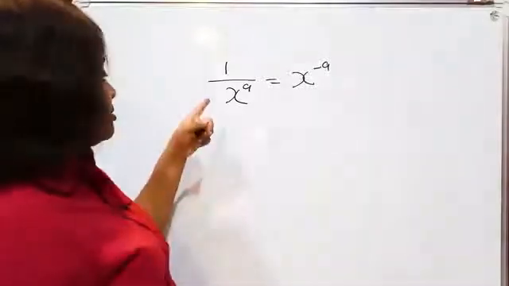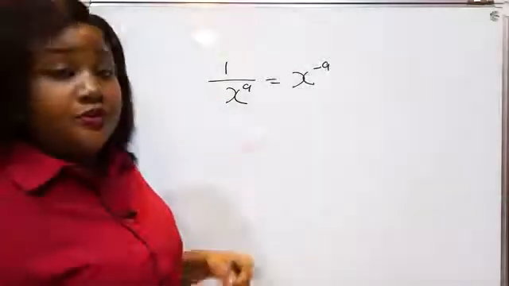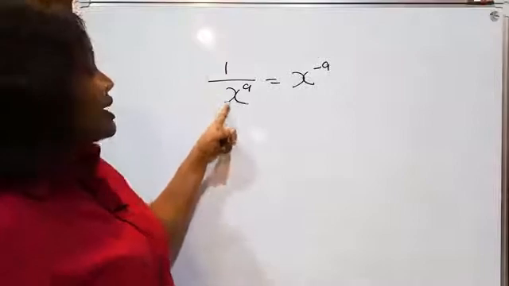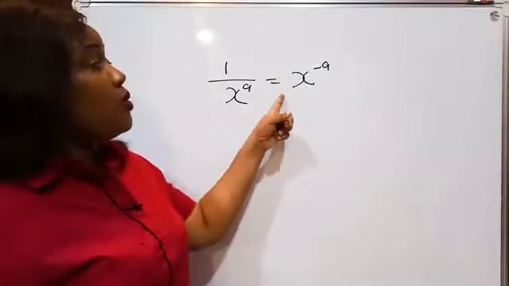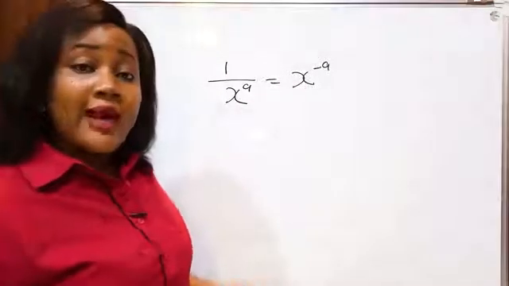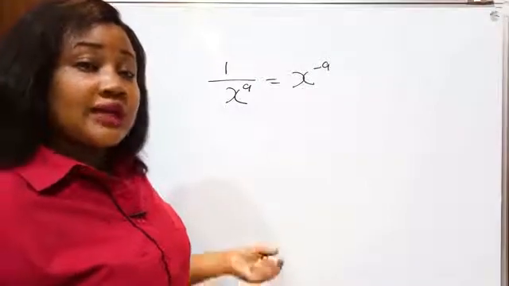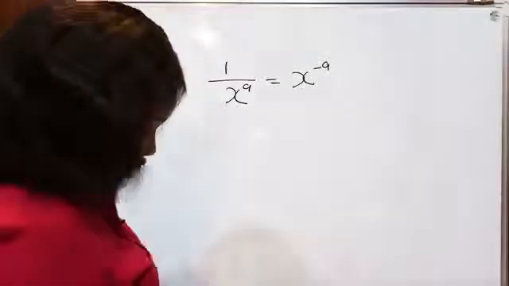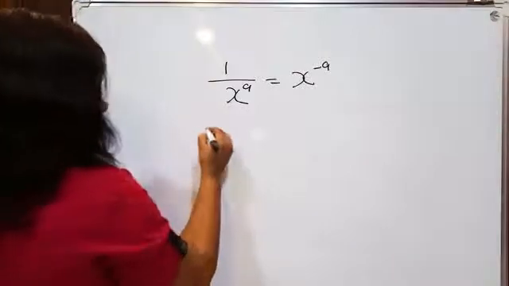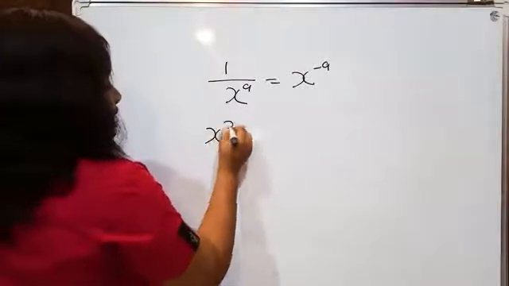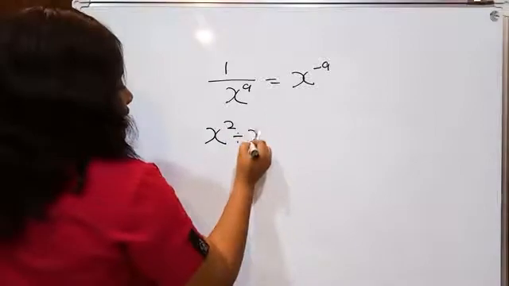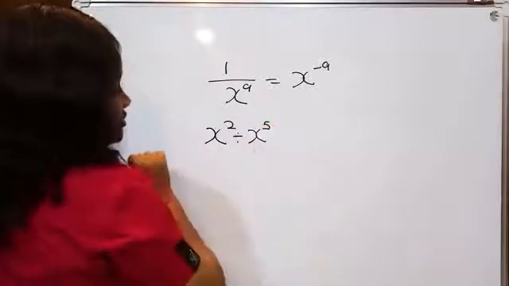Let's look at this. This is another rule: 1 over x raised to the power a equals x raised to the power minus a. So let's take another illustration. Let's say we have x squared divided by x raised to the power 5.